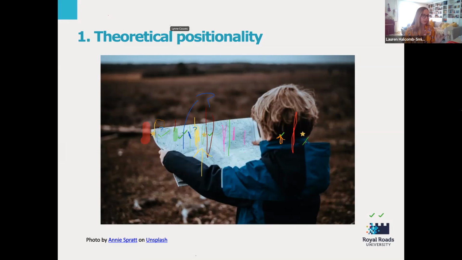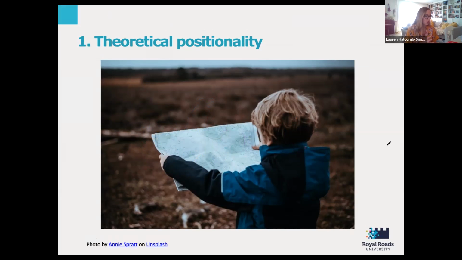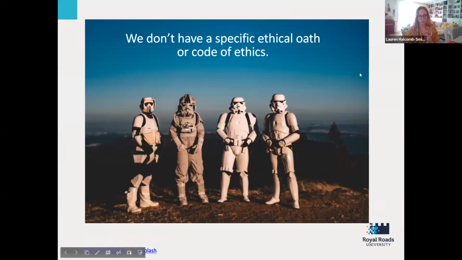Before I share our theoretical framework, I'd like to establish a few foundational ideas. First of all, there's no code of ethics in instructional design. We don't have an equivalent of the Hippocratic Oath or the APA's Code of Ethics for research involving the study of humans.